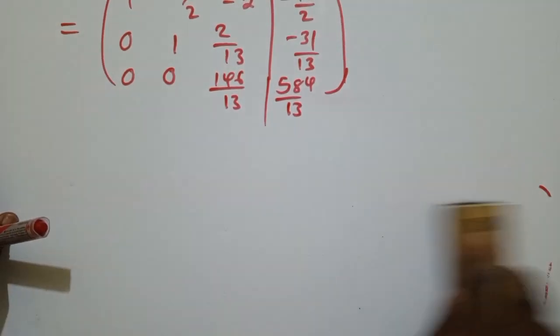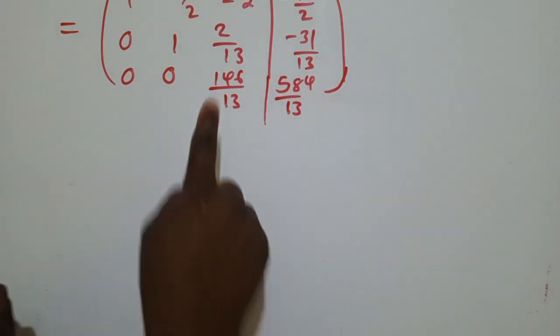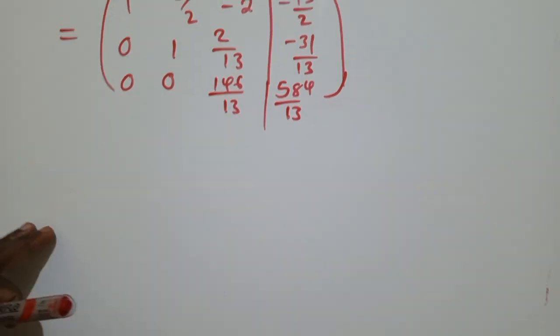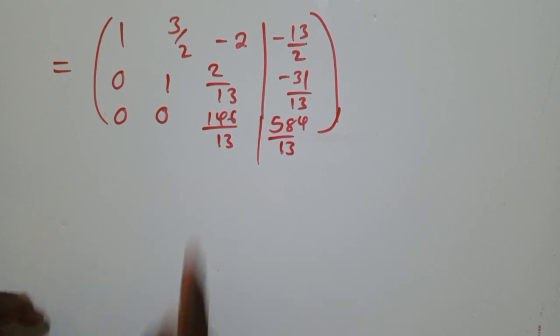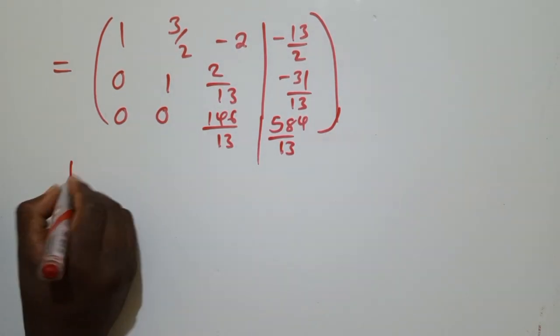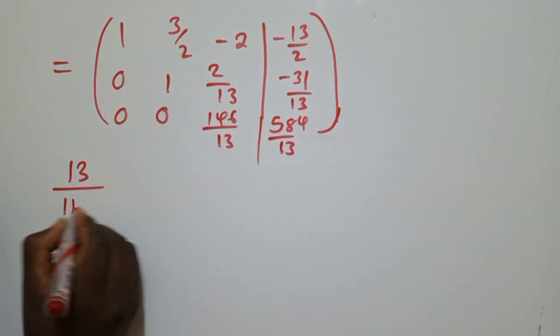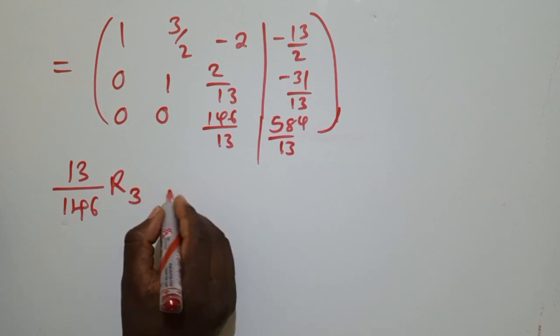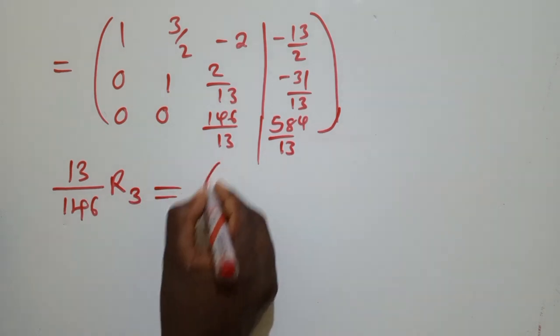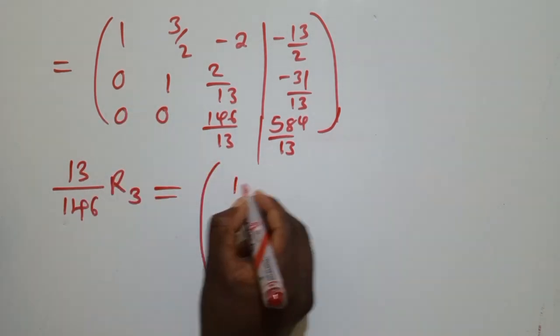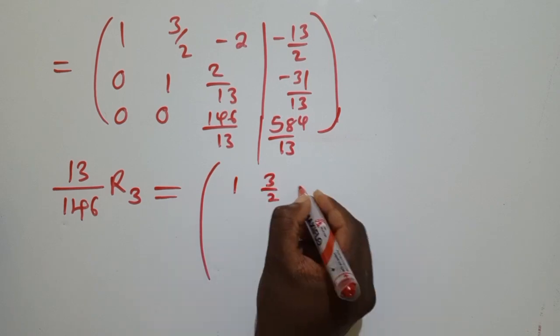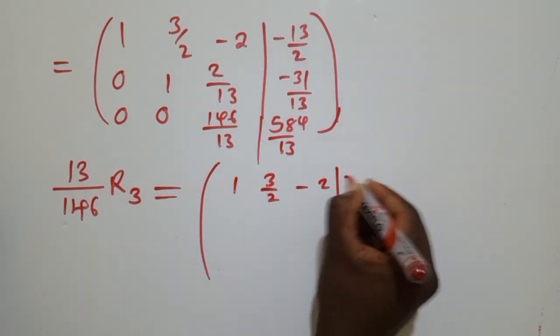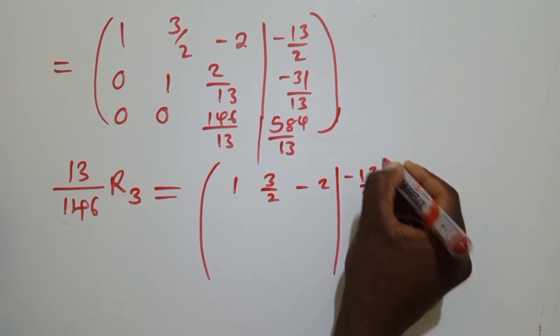Now we're going to say, since we want this to be equal to 1, okay, remember we want this part to be equal to 1, so we shall say 13 over 146 times row 3. So when we multiply by row 3, this is going to give us a 1, 3 over 2, negative 2, then negative 13 over 2.